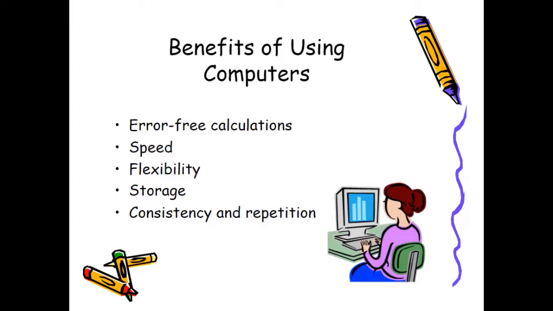Also, we talked about speed, that the computer is much faster than us in solving mathematical operations and equations, and about flexibility, that we can use it for multiple purposes, like watching TV, writing stories, recording a video, editing a video or a picture, etc.